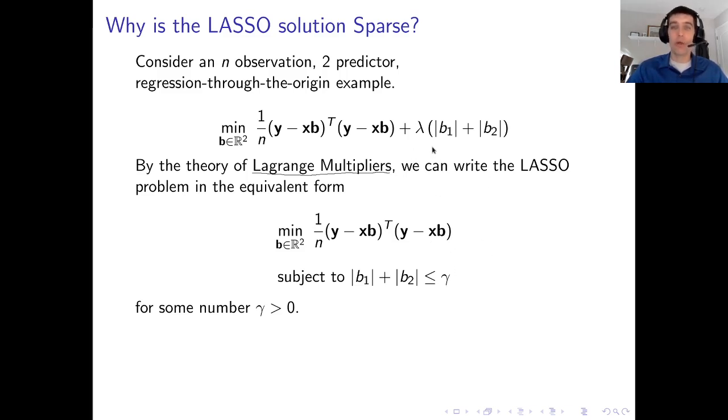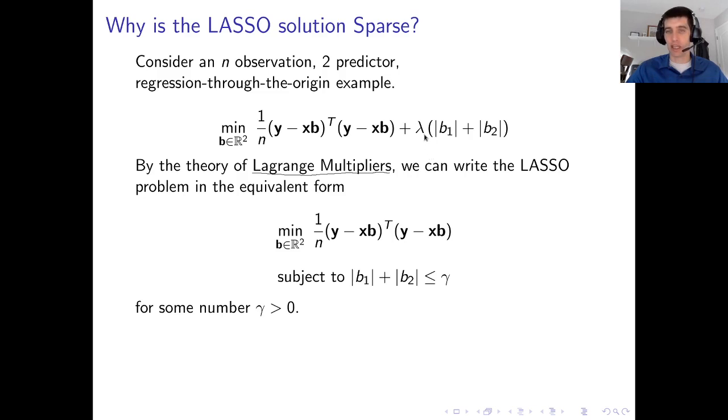And loosely what happens is you put the constraint up into the objective with a suitable penalty. So by using Lagrange multipliers, we can show that this is a constrained problem where we minimize mean squared error subject to an L1 norm constraint. Then we have an equivalent version where this is a gamma here, this is a lambda here.